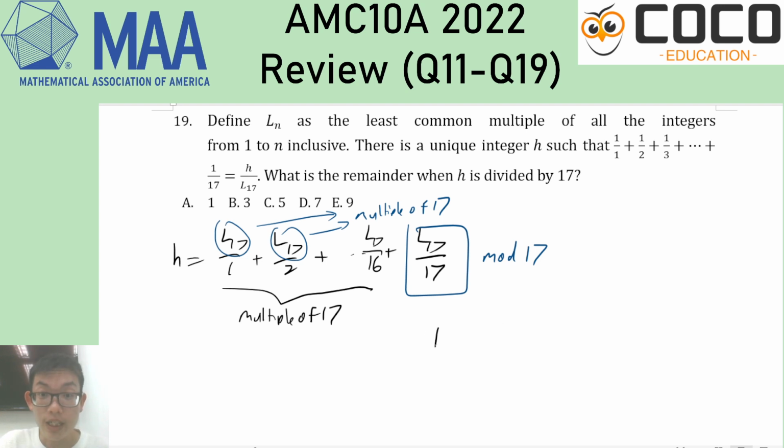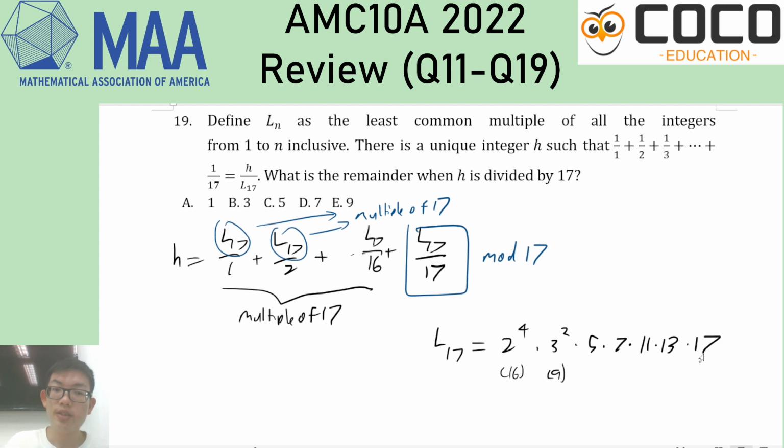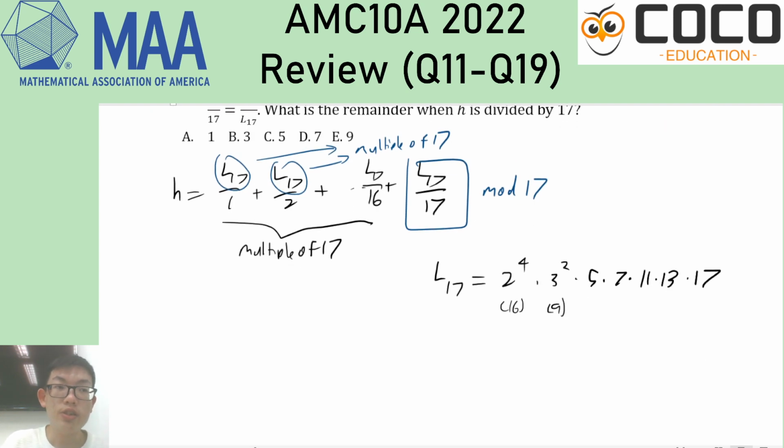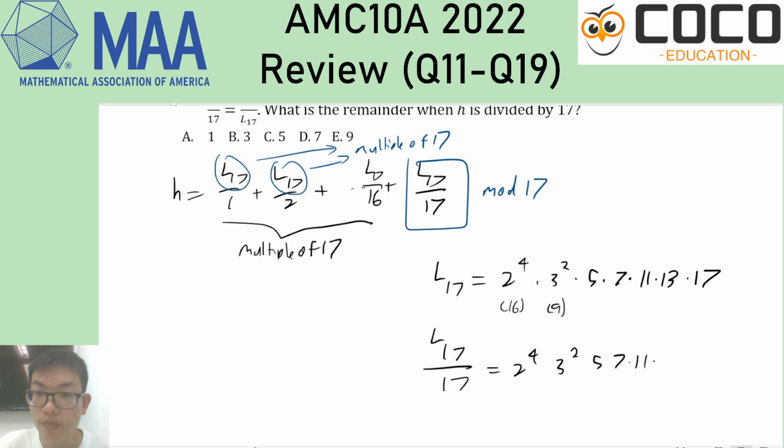So, L17, the biggest is 2 to the 4, which is 16. There's 3 squared, which is 9. And everything else is just a singleton. Throw that away. And just take this thing mod 17.